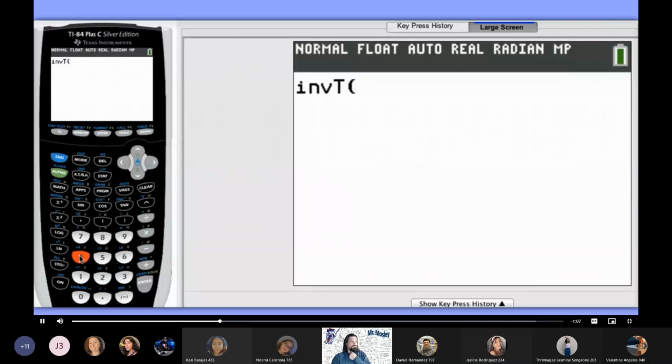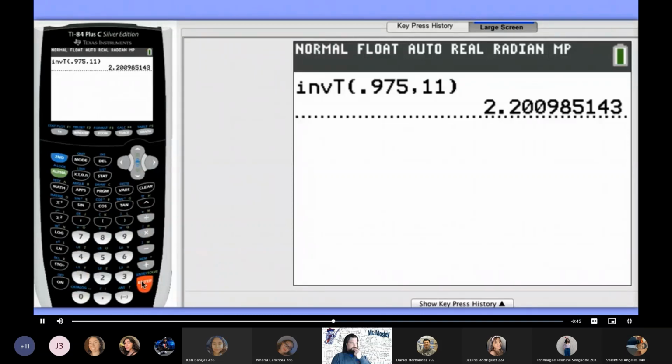So if we're talking about a 95% confidence interval, that means we have 2.5% in each tail of the distribution. So 95% plus 2.5% would be 97.5%. Then we'd enter our degrees of freedom. Let's say our degrees of freedom is 11 because our sample size was 12. So our T-star value is about 2.2.